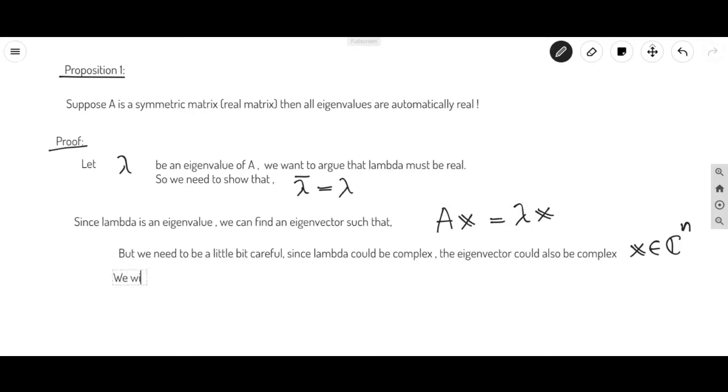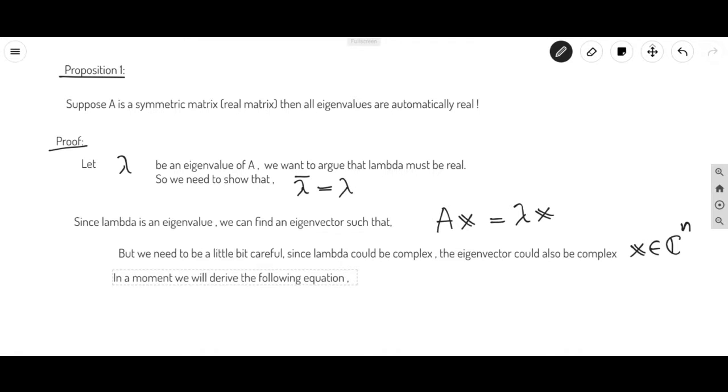And so in a moment, we will derive the following equation.